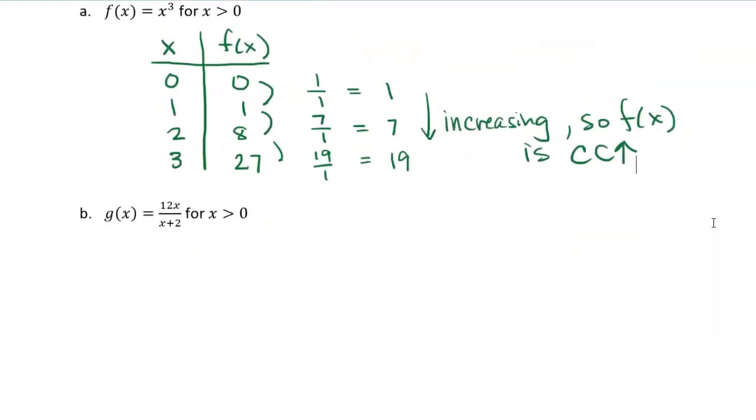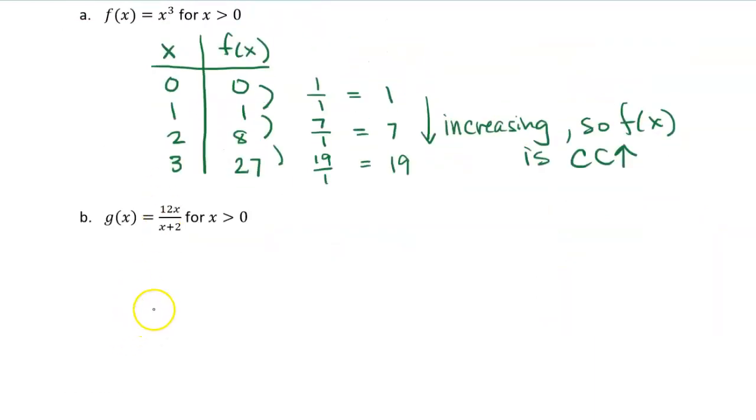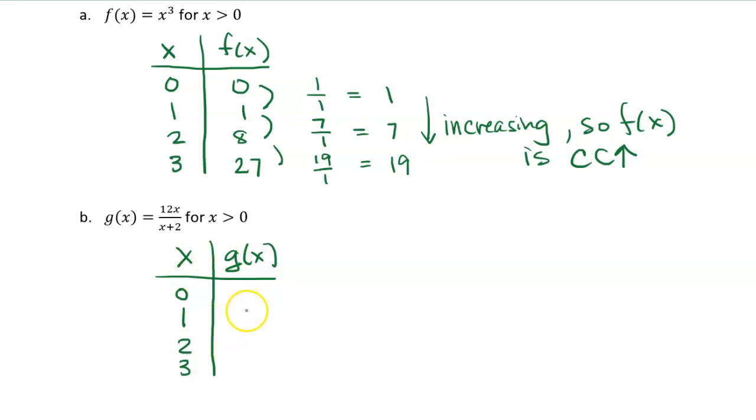Now I'm just going to create a little table again of x and g of x, and plug in some values. It says x is greater than 0, so 0, 1, 2, 3. Let's see what happens with those values. If we plug in 0, we get 0 times 12, which is 0, over 0 plus 2, which is 2.